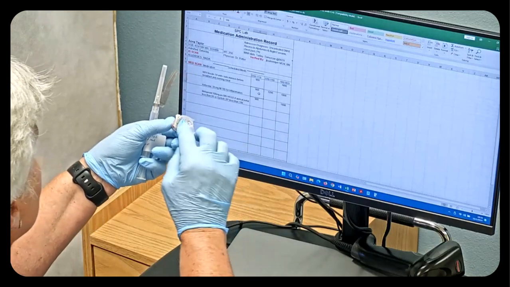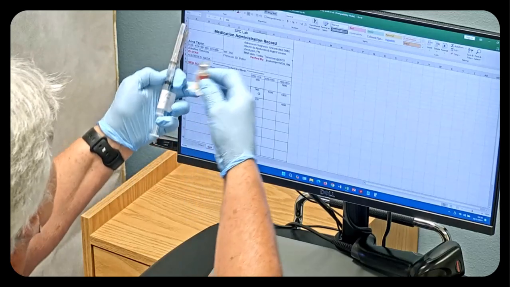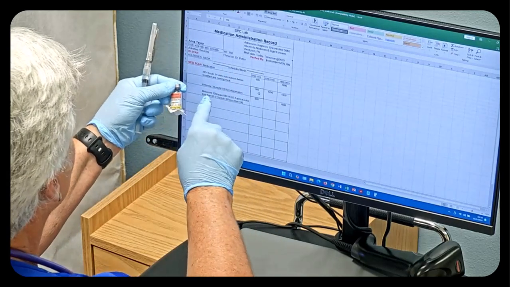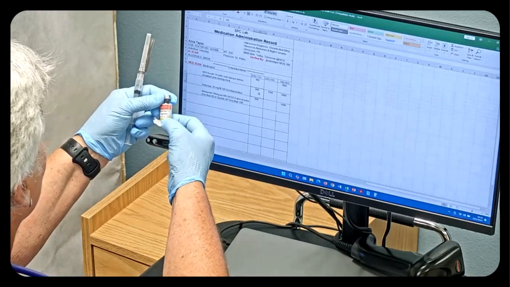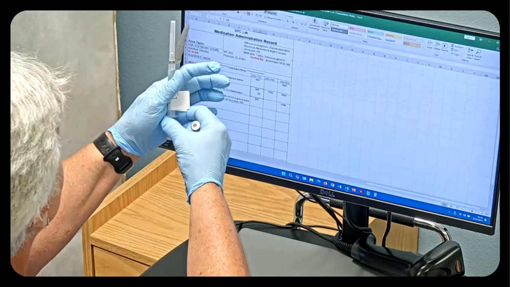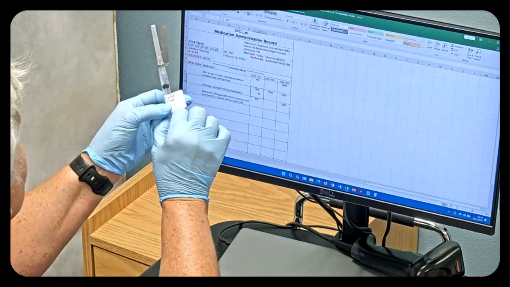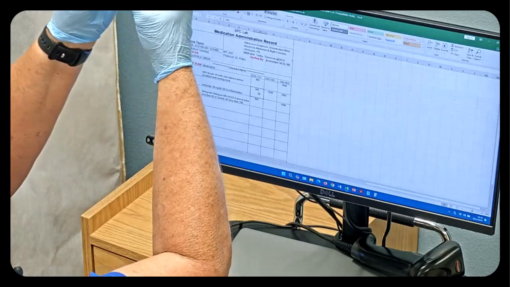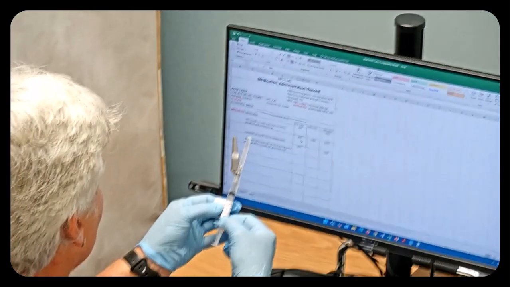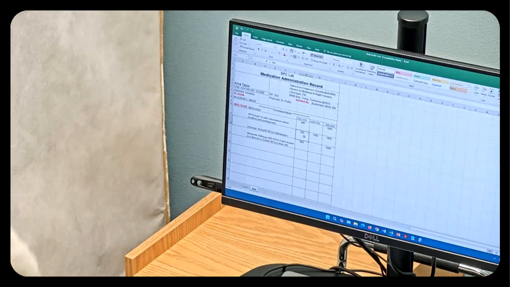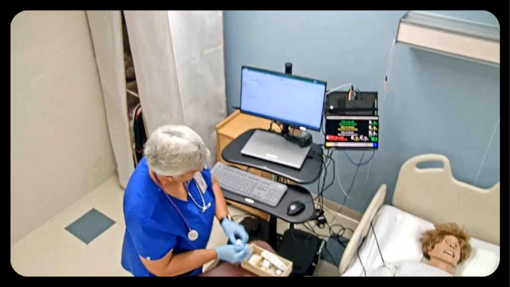I've labeled it with the date and time that I opened this, and so the ketorolac matches, 30 milligrams per 1 mil. I'm going to be giving 30 milligrams, so I should have 1 mil. So in my syringe, I have ketorolac, 30 milligrams per 1 mil, and I still have 1 mil. It's IM, it's the 9 o'clock dose, and I have my initials on there. So that is my second check for that medication.